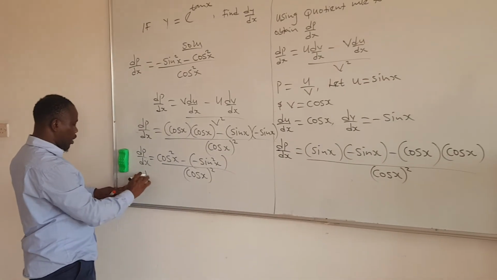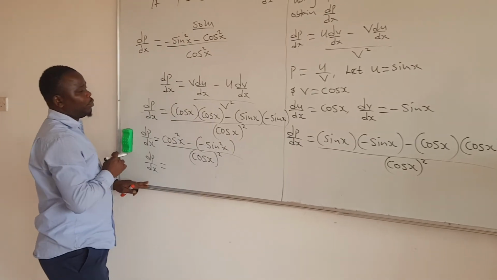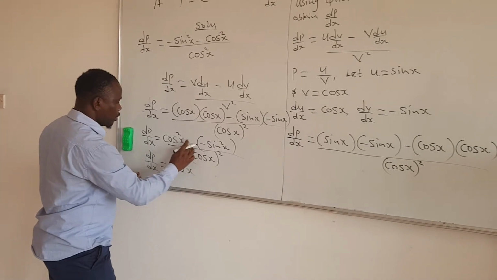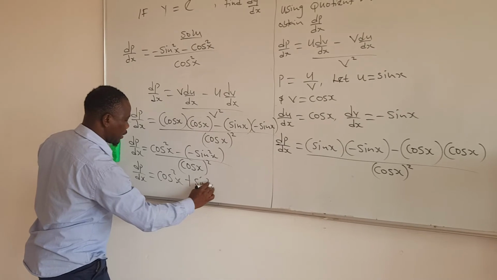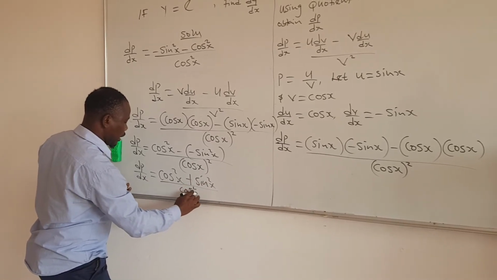Then it implies that the numerator will be positive: cos squared x, minus times minus will give us plus sine squared x, all over cos squared x.